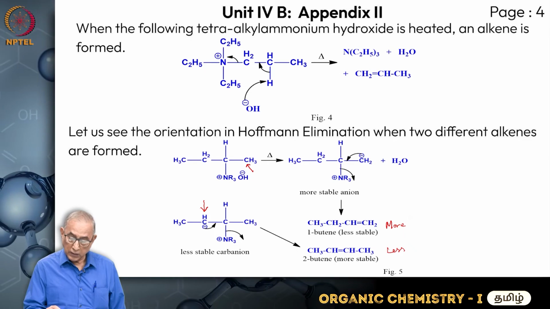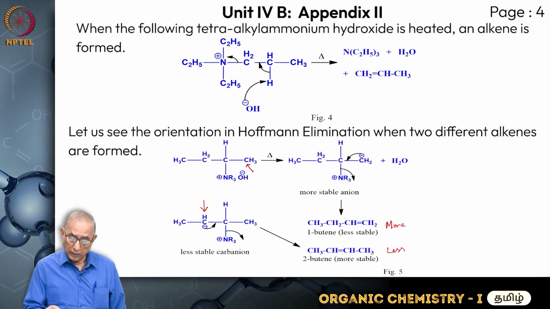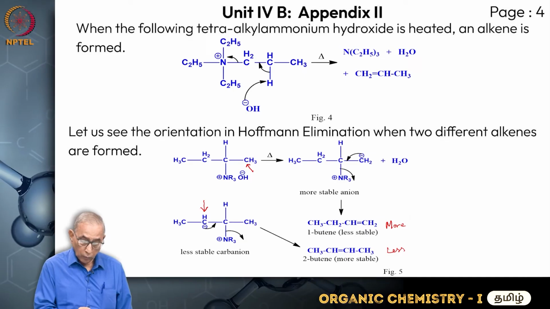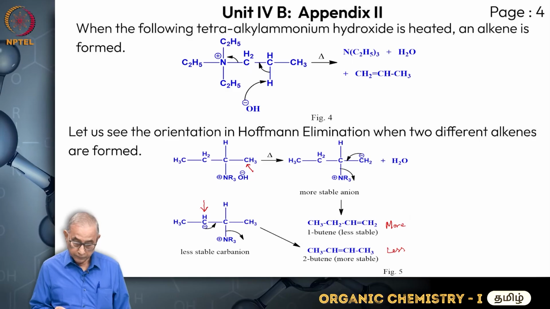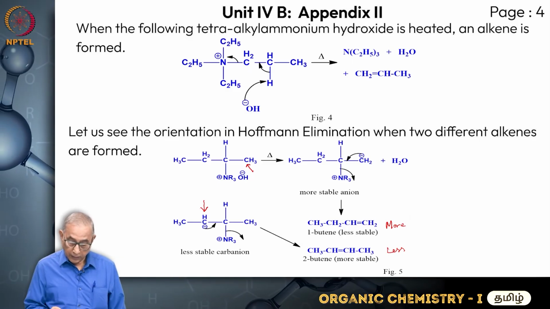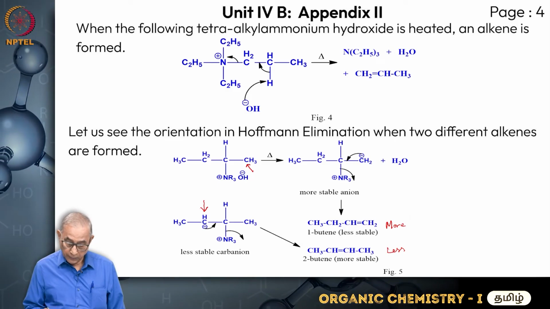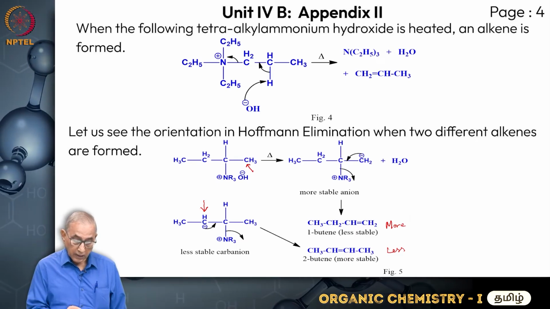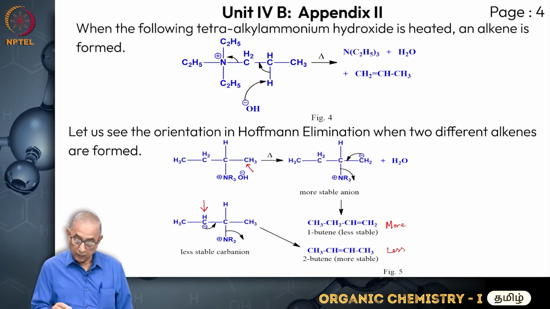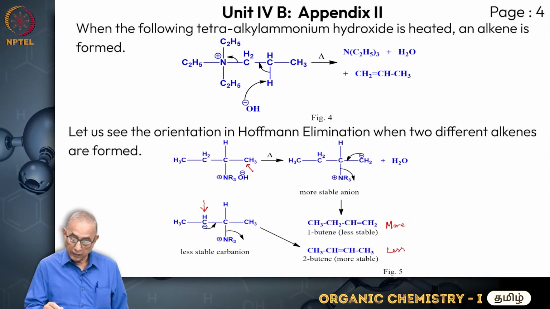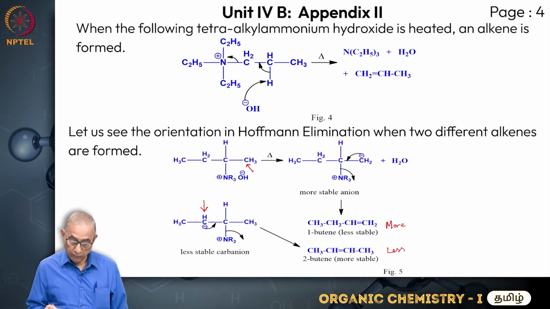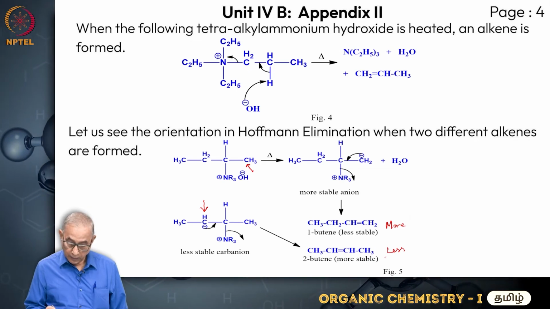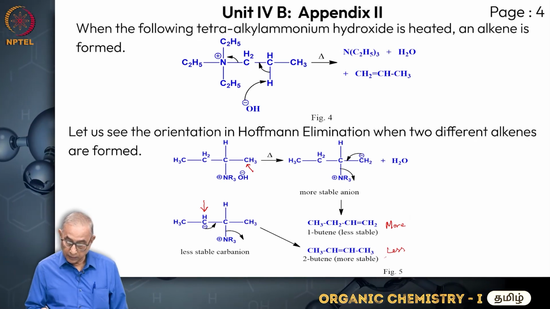This CH2 minus is somewhat unstable, but of the two, here you have two alkyl groups which push the electrons. This carbanion is less stable, and the resulting 2-butene is more stable, but in this case the reaction is determined by the stability of the anion. This anion here determines that the product formed here is more, though the product is less stable. Here the product formed is less stable, it's more stable, less stable intermediate.